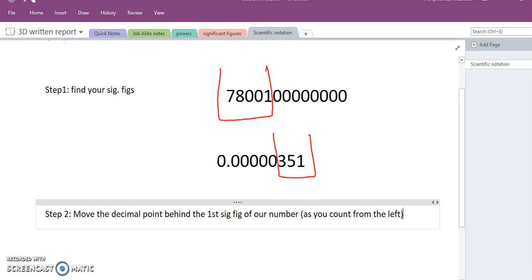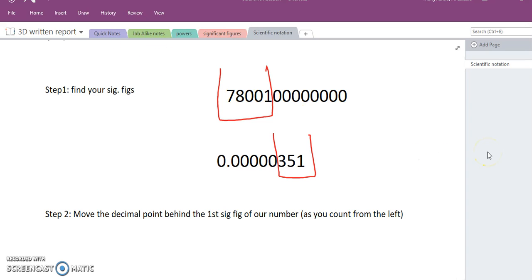In the case of our top number, as I count from the left side, this is my first sig fig. So I need to put my decimal point right behind my 7.